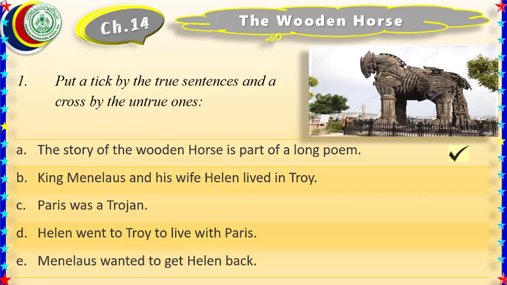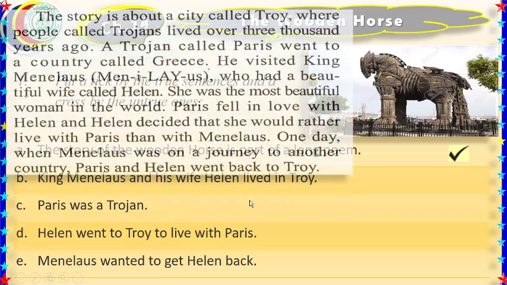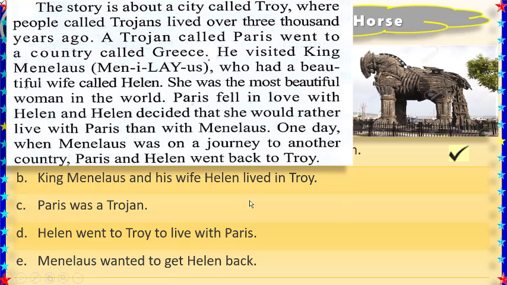Let us move to part B. King Menelaus and his wife Helen lived in Troy. Dear students, here we can read about a Trojan called Paris who went to a country called Greece. He visited King Menelaus.